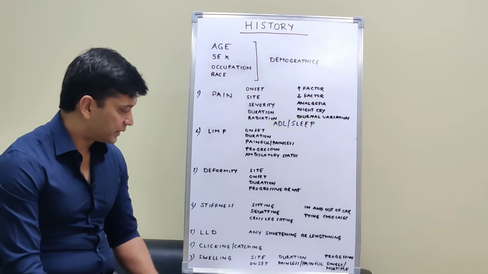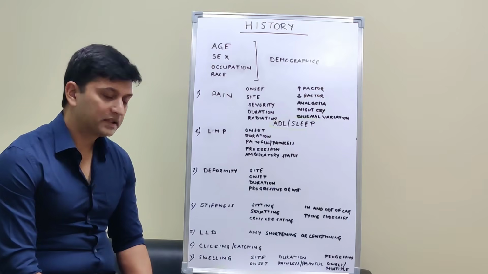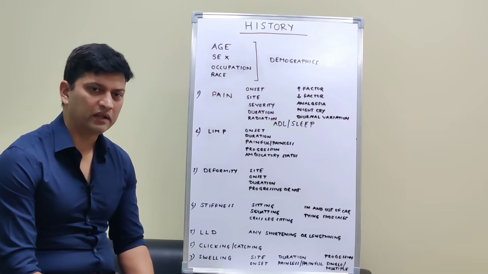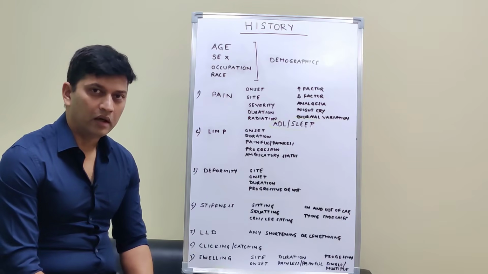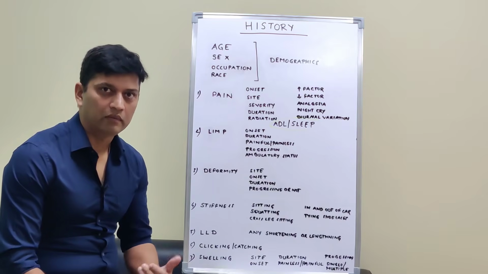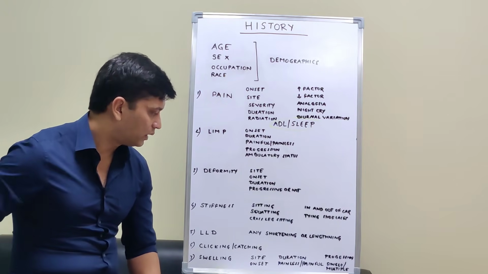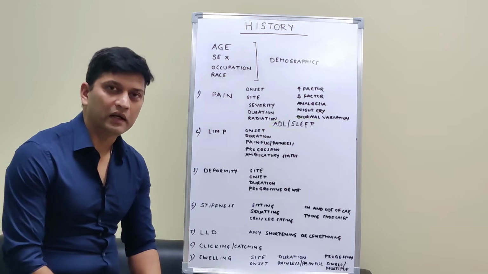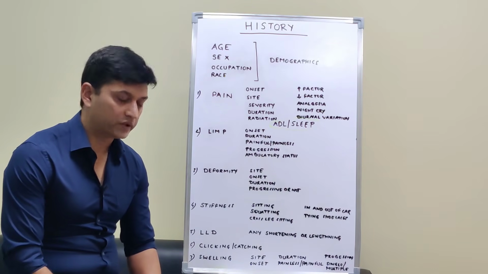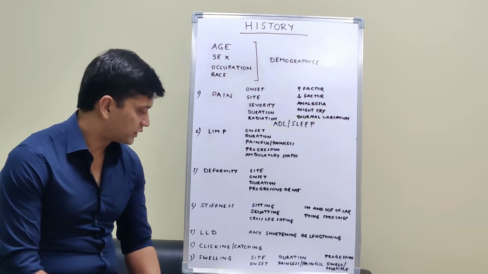Now, clicking, catching is an uncommon presentation, but still patients can present with clicking and catching, and the usual culprits in these cases are usually psoas tendon clicking, internal snapping, or external snapping due to tensor fasciae lata across the greater tuberosity. Sometimes, if the patient has got labral tear, they can also present with some clicking and catching in the hip.